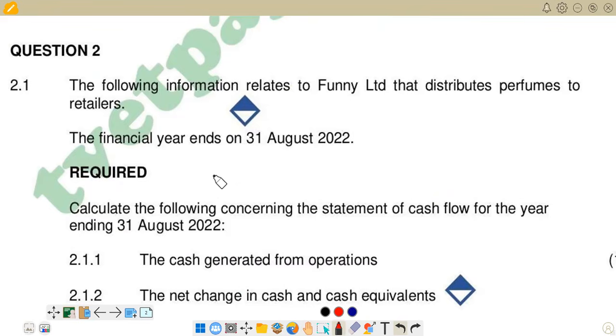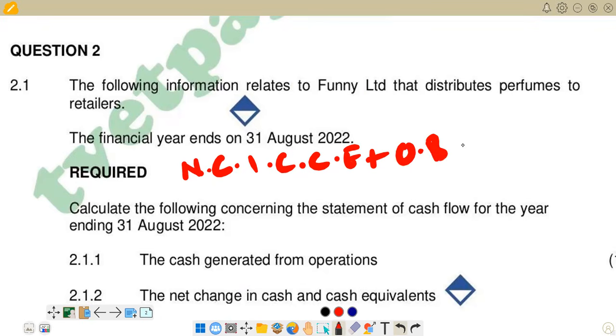But what we know is the formula that we use at the end of the statement of cash flow: we say net change in cash and cash equivalents, then we add it to the opening balance of cash and cash equivalents, then we get the closing balance of cash and cash equivalents. So the figure that they are asking is this one.